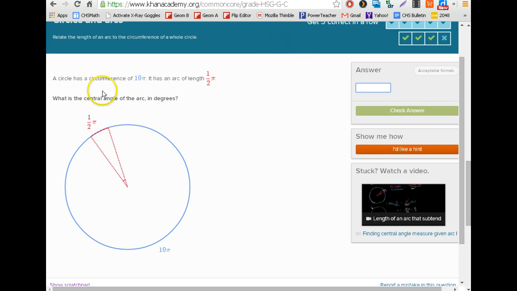Okay, and this next one is a little different, so I'll do this one too. Then we've got to move on to one more problem type. In this case, the circumference is 10 pi, the arc length is 1/2 pi, and they want to know the angle in degrees. We know that the circumference times m over 360 is equal to the arc length.